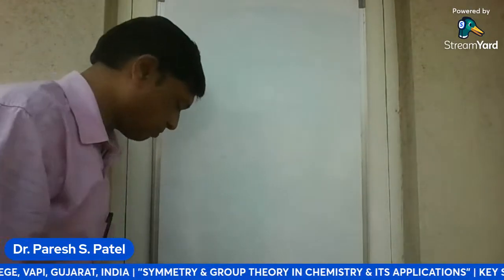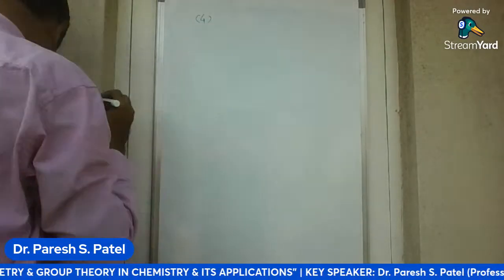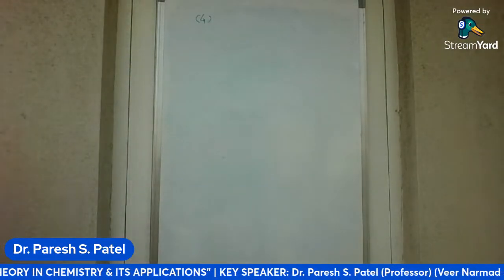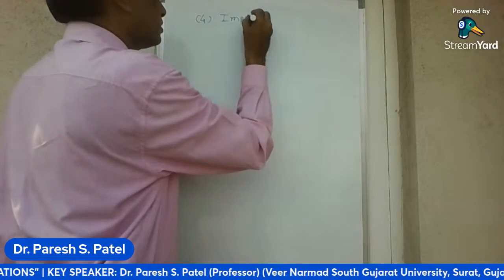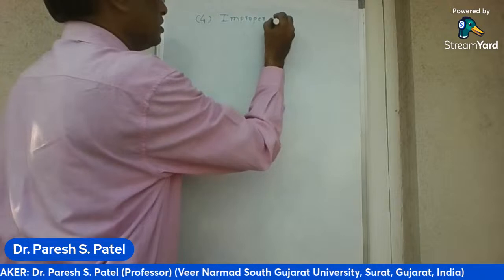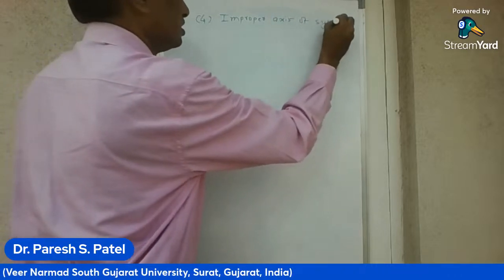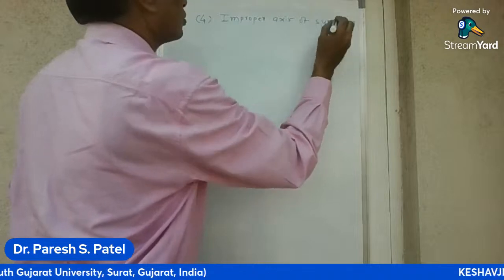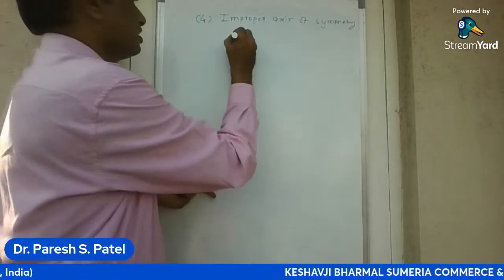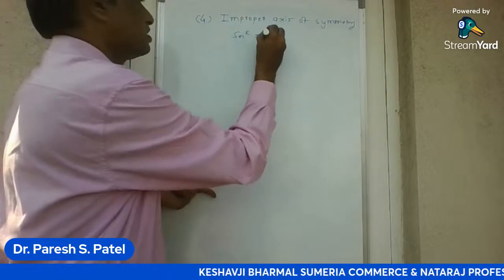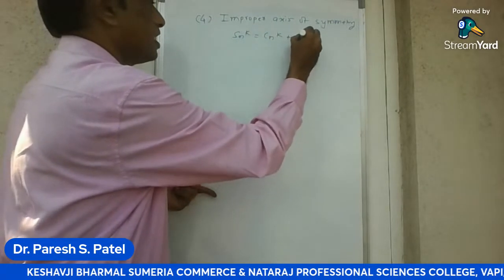Now, the fourth symmetry operation is the improper axis of symmetry, or we can say the rotational reflection axis of symmetry, which can be represented as Sn^k = Cn^k sigma h.